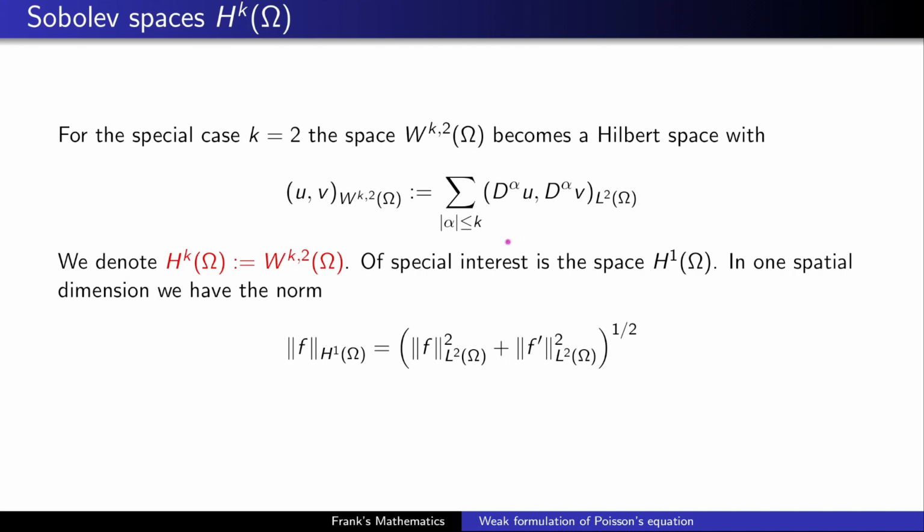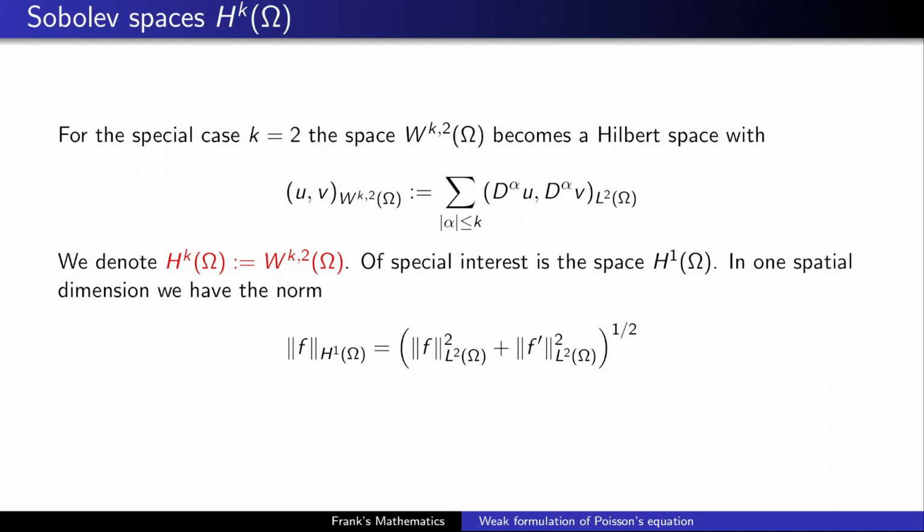We denote this space W^{k,2} with H^k. In our case, we are interested in the space H^1, so we set k to be 1, and in one spatial dimension, we know that the norm becomes something like this. You see that we just add up the L^2 norm of f plus the L^2 norm of the weak derivative.